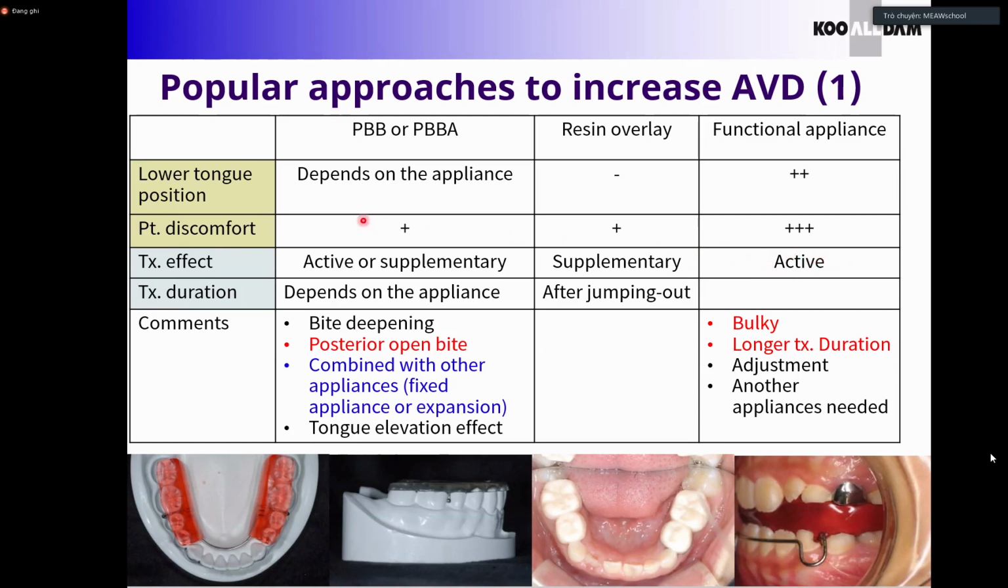However, it may cause a lower tongue position, and it is bulky, so also a longer treatment duration. So nowadays, I do not use functional appliance for class 3 early orthodontic treatment. So I want to emphasize these two appliances.